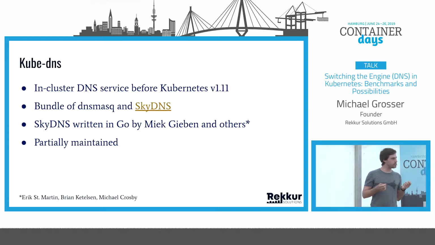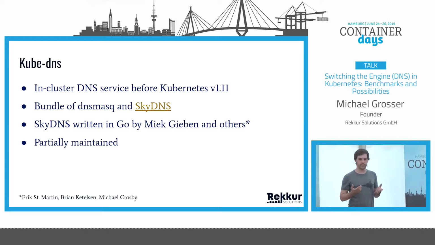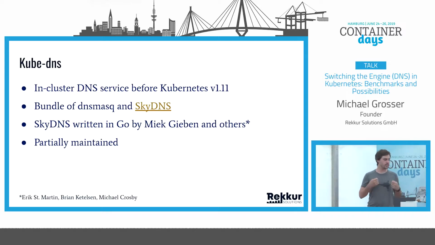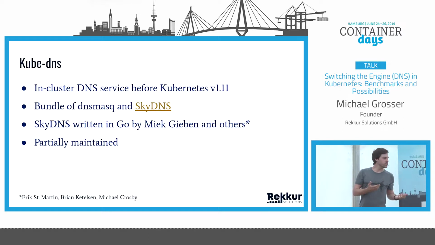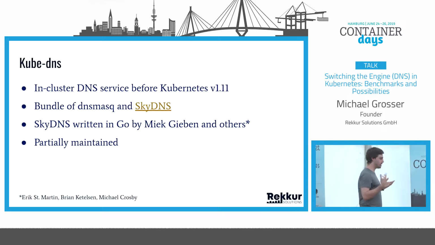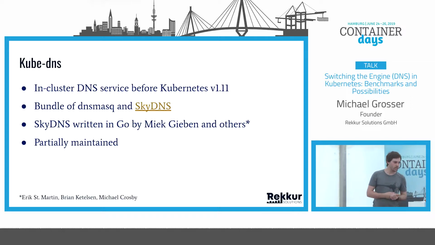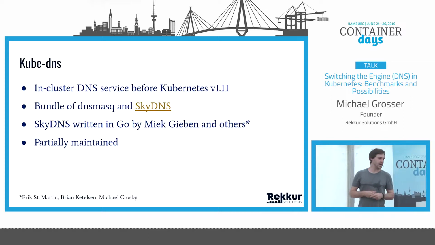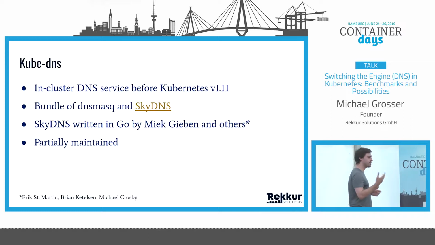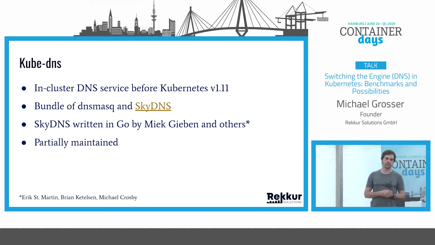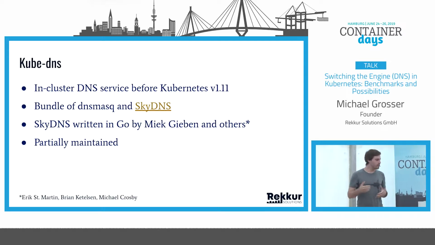It was a bundle between dnsmasq and SkyDNS. dnsmasq is probably something you're already familiar with. dnsmasq is usually used as a cache, but might also be known to you as a Linux distribution provided DNS forwarder. In the bundle, it was just used as a cache. And everything basically went through dnsmasq and then into SkyDNS that did the actual DNS handling and upstreaming of queries and things like that.